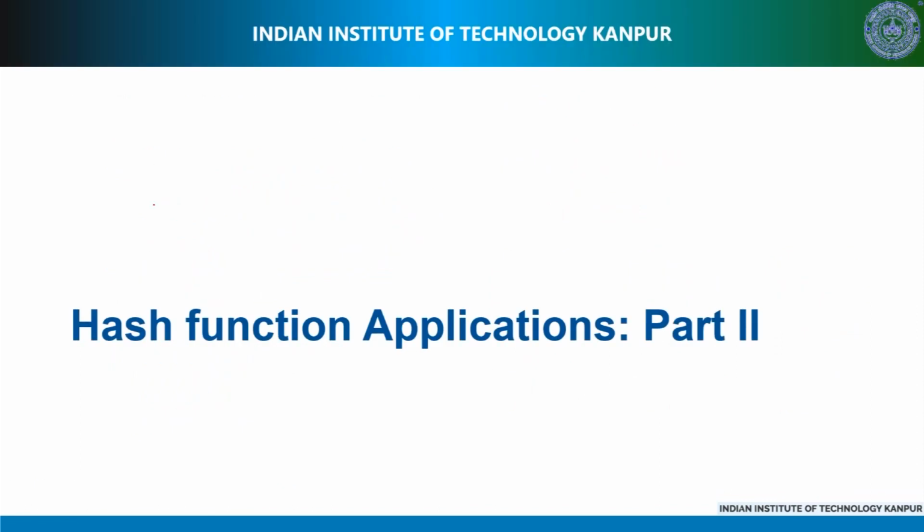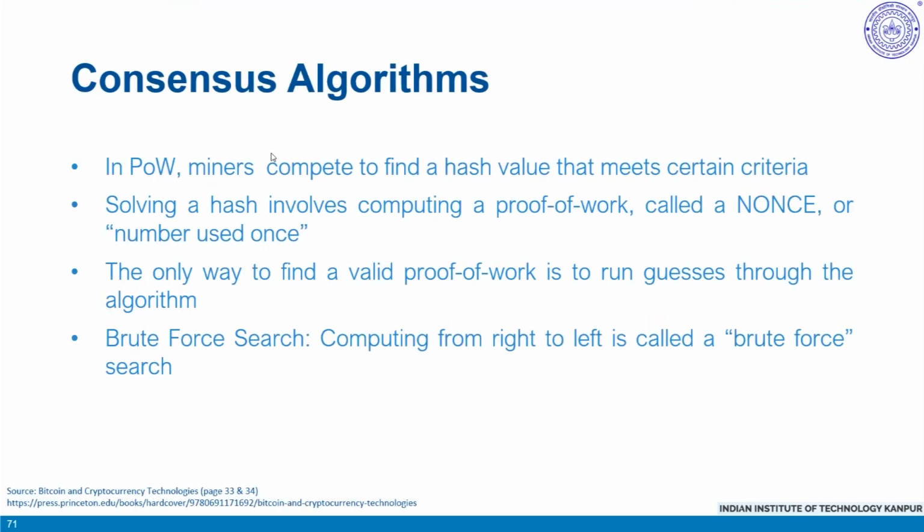In this video, we'll discuss two key applications of hash functions, that is the consensus algorithm and securing and chaining the blocks. To begin with, let us start with the example of cryptocurrency, or Bitcoin, an application of blockchain. The most famous cryptocurrency, Bitcoin, uses hash functions in the blockchain.